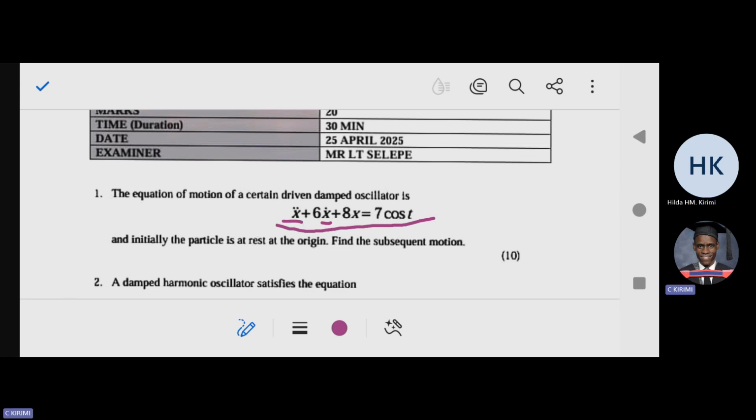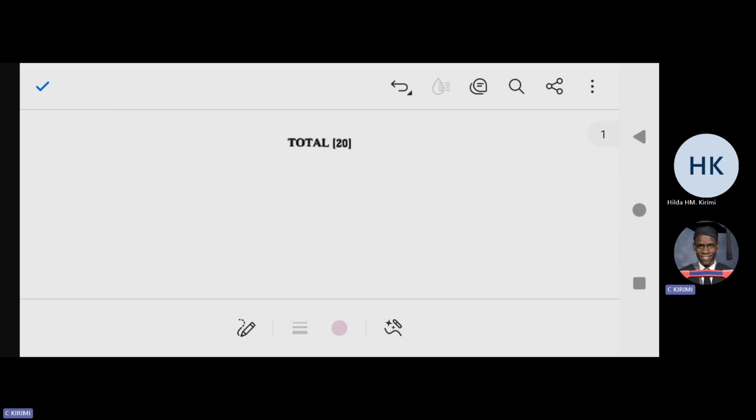we are given that initially the particle is at rest at origin, find the subsequent motion. So it's basically we are just solving the differential equation. That's all we are supposed to be doing here for 10 marks. So let's solve it.